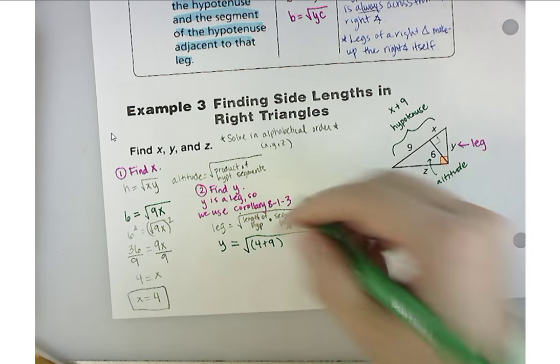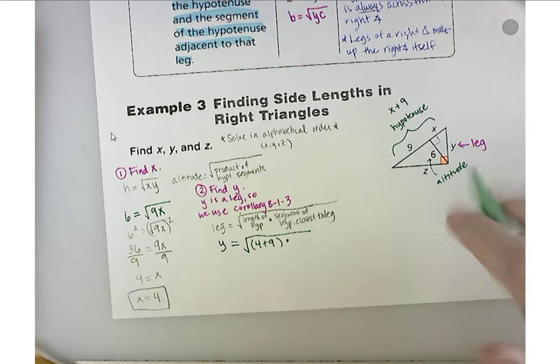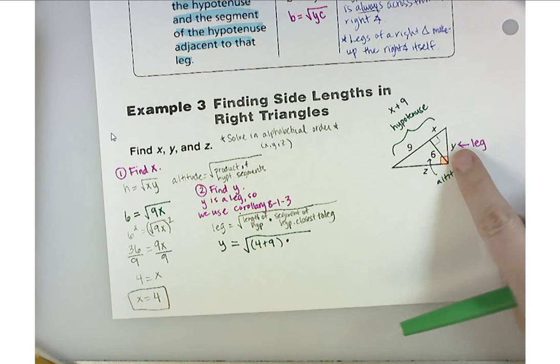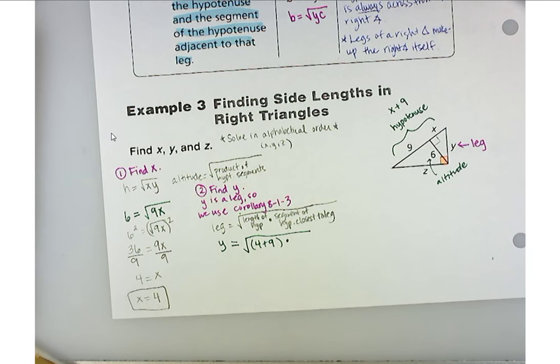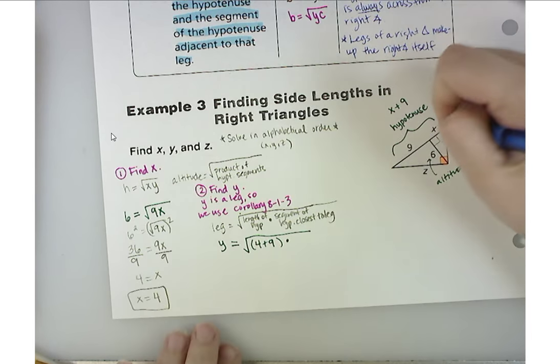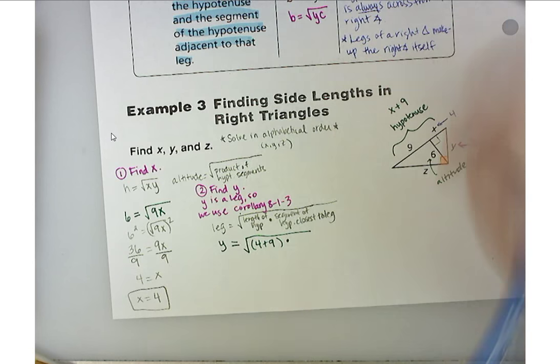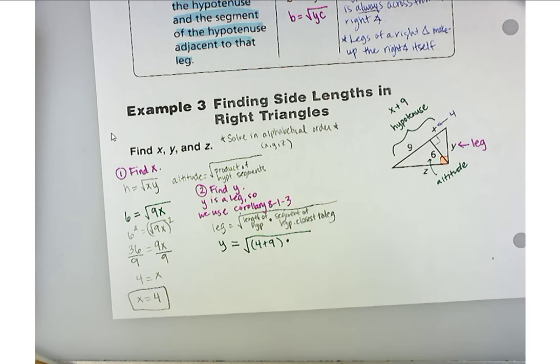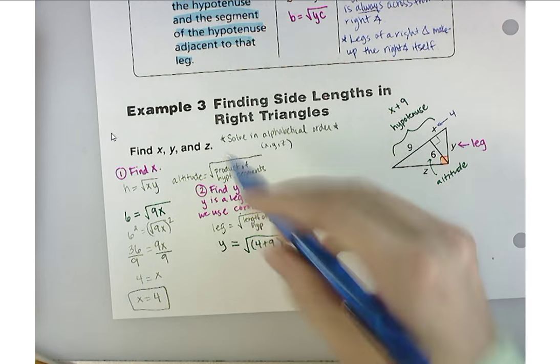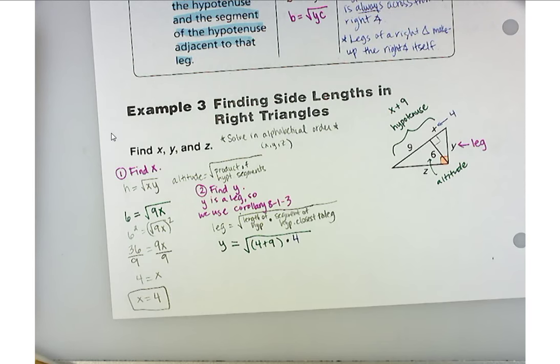Then you're going to multiply that by the segment that's closest to the leg. Right? So now we know that this is 4. Is y closer to 4 or closer to 9? 4. It's closer to 4, so then we have to multiply it by 4.